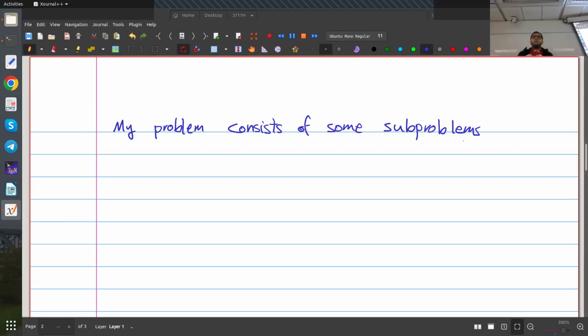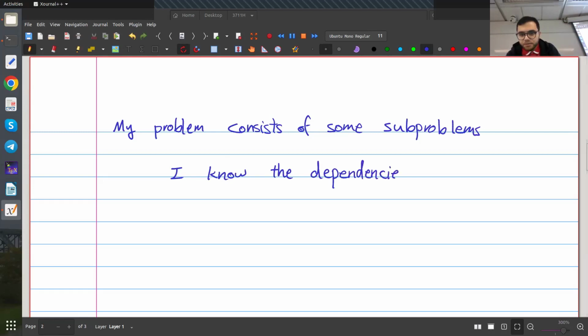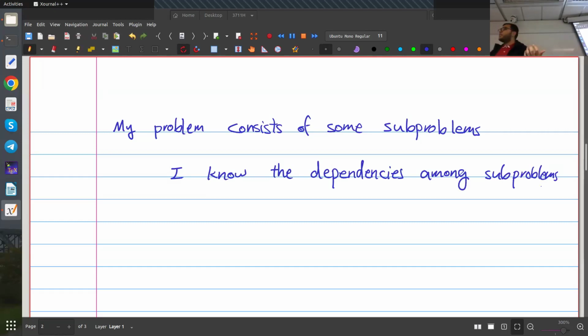So for each subproblem, I know that if I want to solve this one, I need the answer to these previous ones. And if this is the case, then I can just sort all of my subproblems in a topological order and then just solve them in the topological order, right?